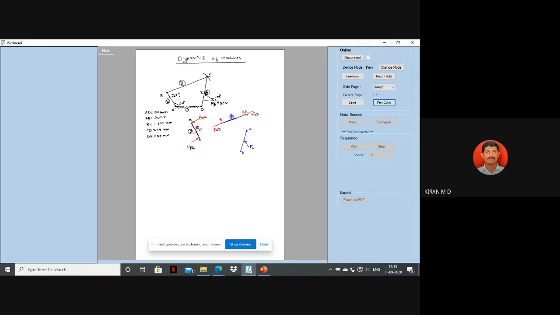On this link it will undergo the force from link 3, so parallel to this link, you will get some force.